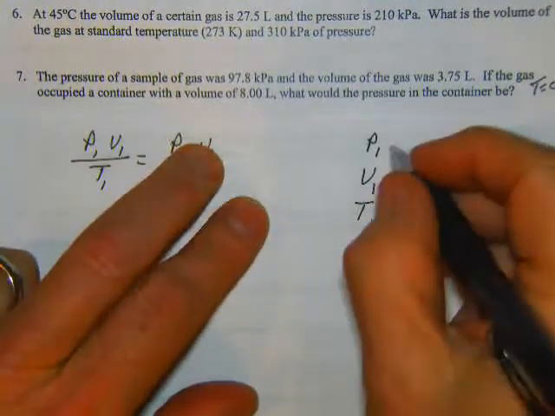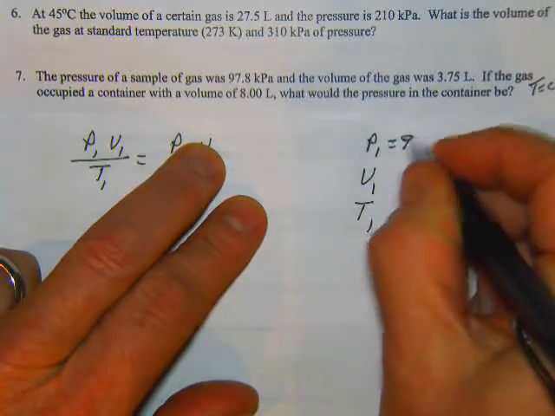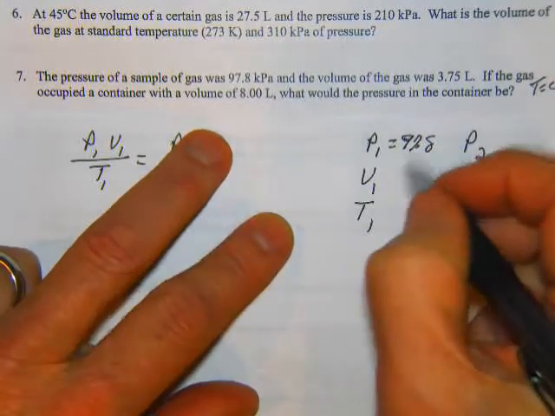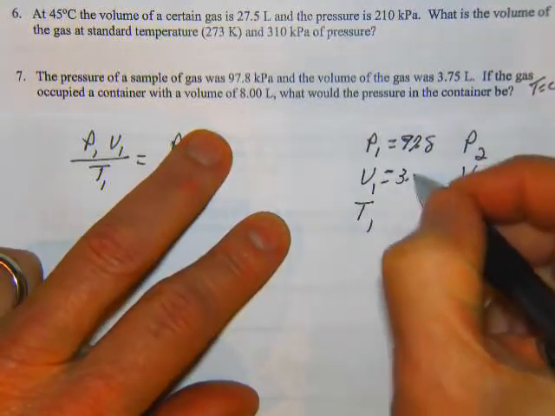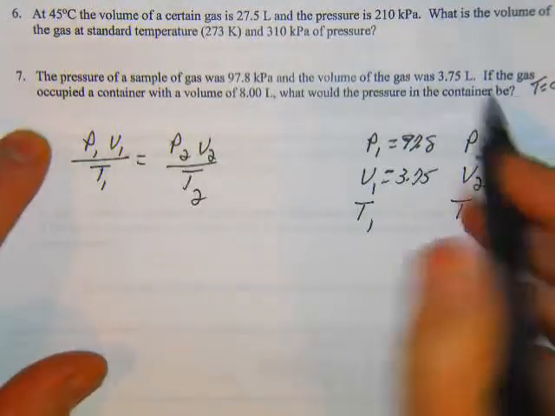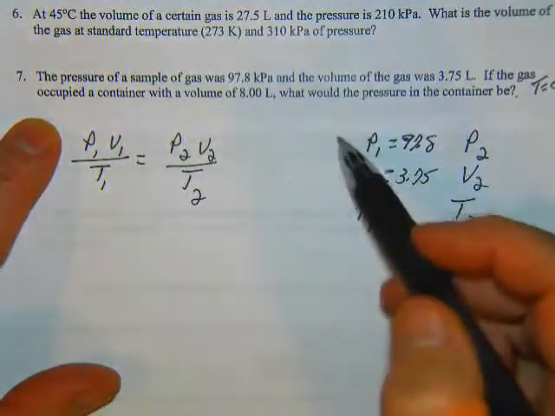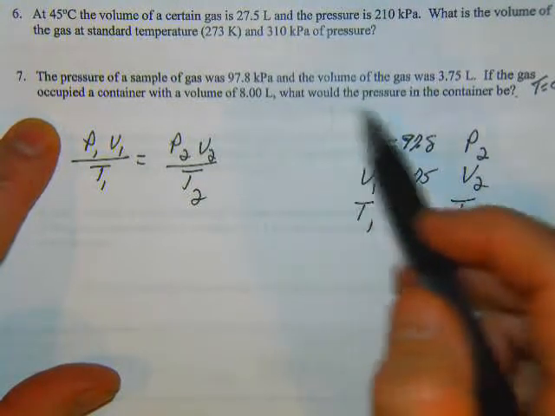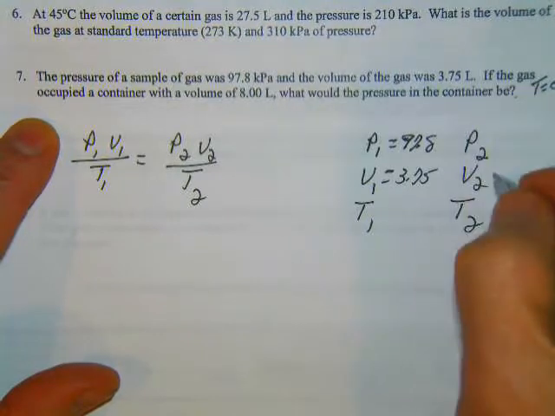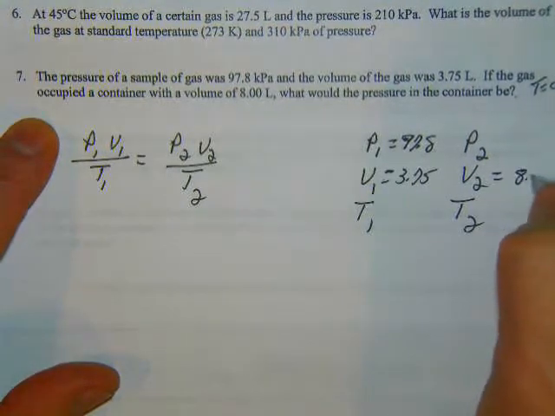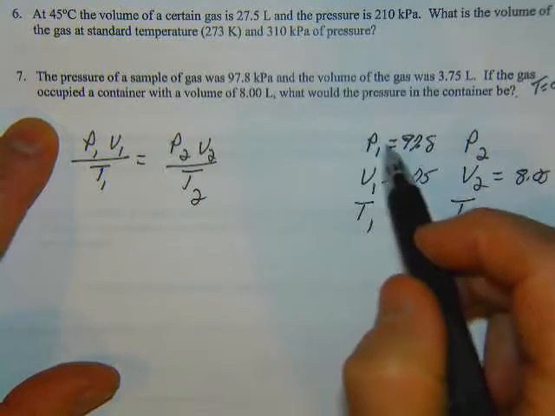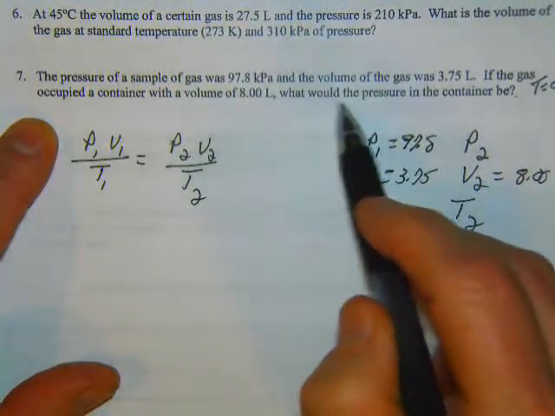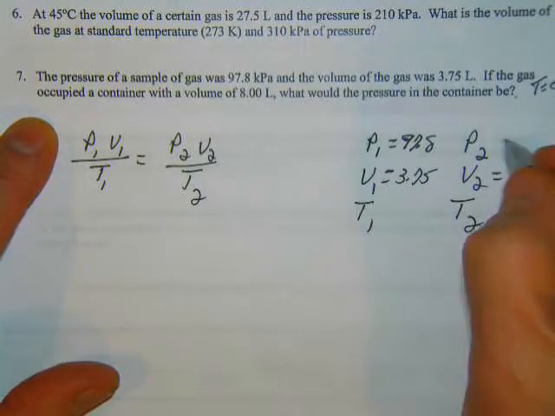So we know the pressure is 97.8, and the volume is 3.75. If the gas occupied a container with a volume of 8.00, what would the pressure in the container be? So we don't know that.